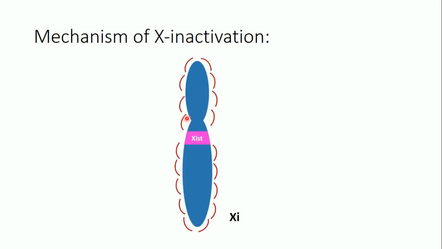In this case, many modifications happen, which I'm going to speak about in detail, but now I'm speaking in general. So some modifications are going to happen in the X chromosome, and then the X chromosome is going to be compacted. Let's see how. So this is the stable RNA. This is the X chromosome, the inactivated one.